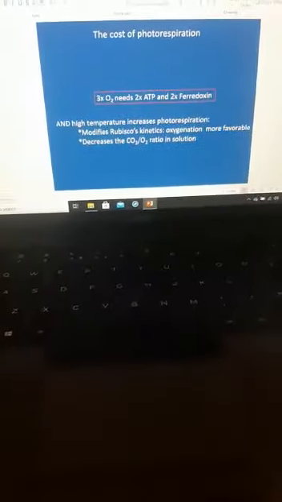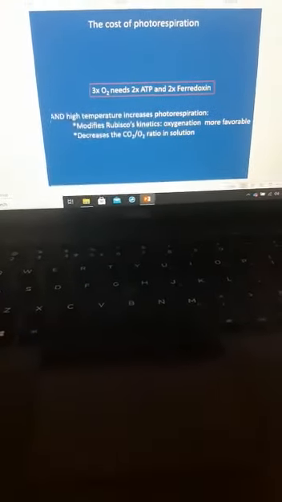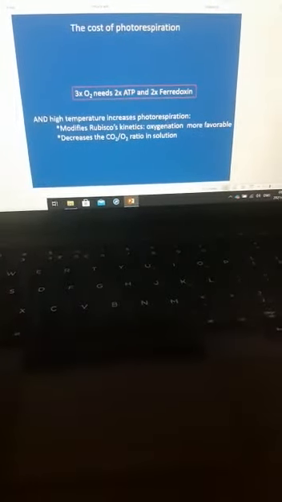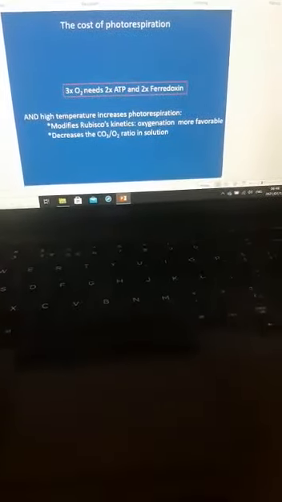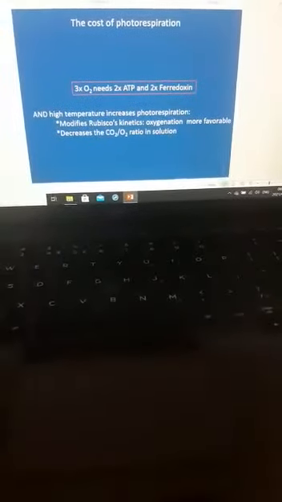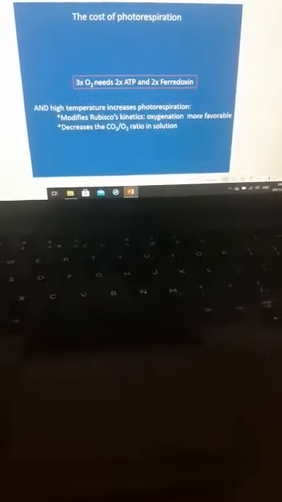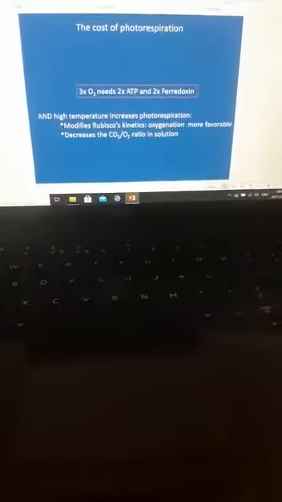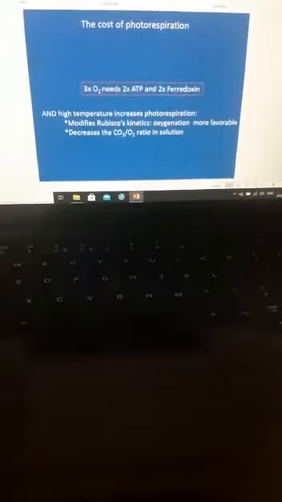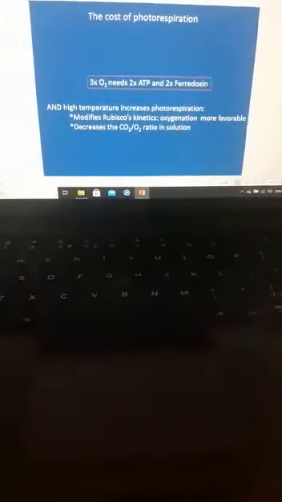The other thing that is very important is that under high temperature conditions, normally temperatures must increase in order for photosynthesis to increase. Most enzymes work properly well when temperatures are a bit high.